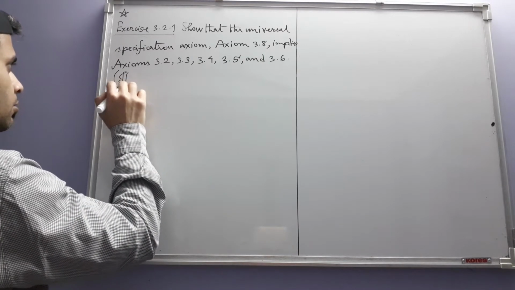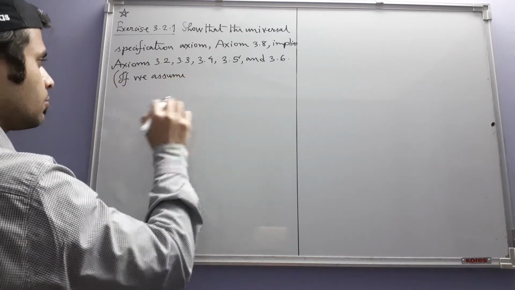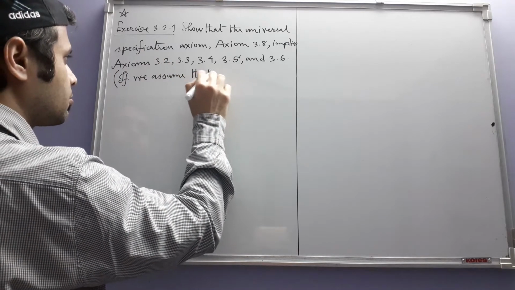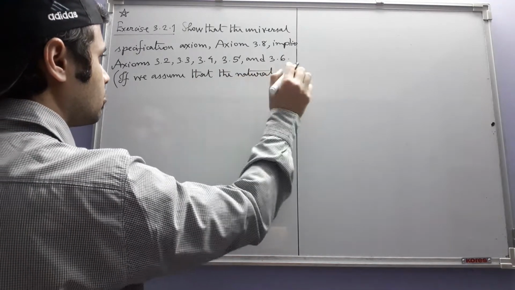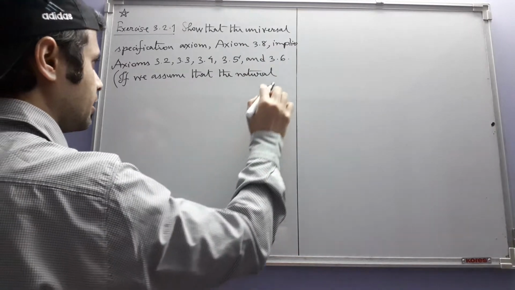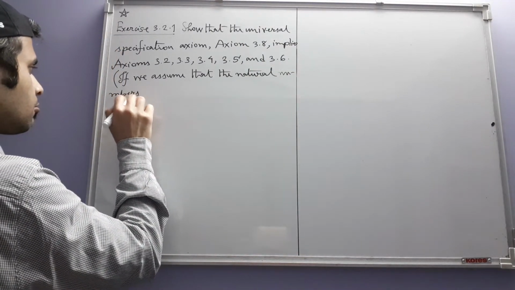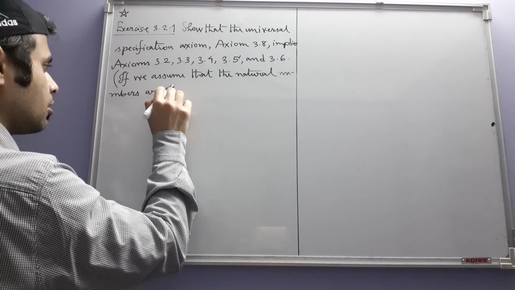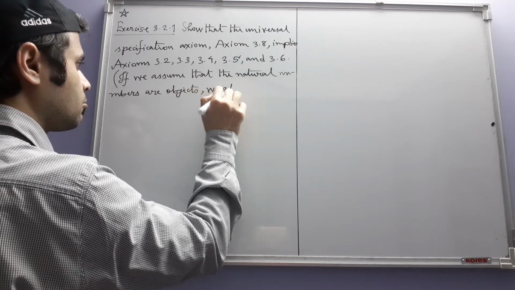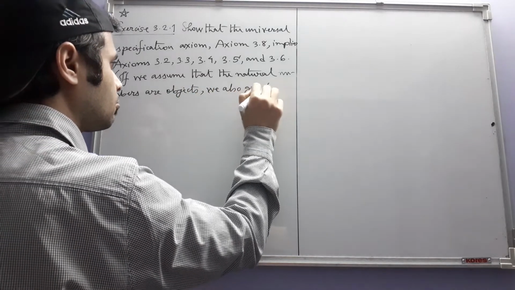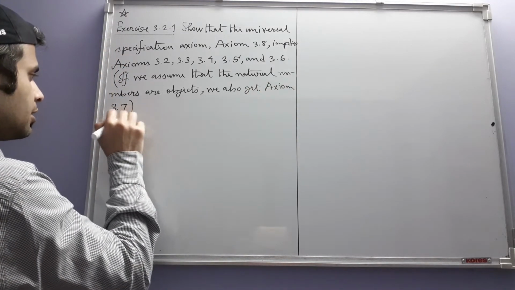Additionally, if we assume that the natural numbers are objects, we also get the seventh axiom.